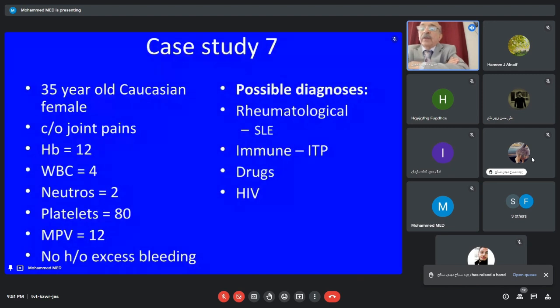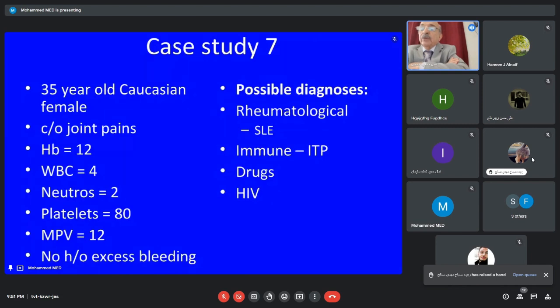This is another case, a 35-year-old Caucasian female. She complains of joint pain. Her hemoglobin is 12, the white cell is 4, neutrophils 2, platelets 80. So the platelet is low. You see the platelet count is low. MPV 12.